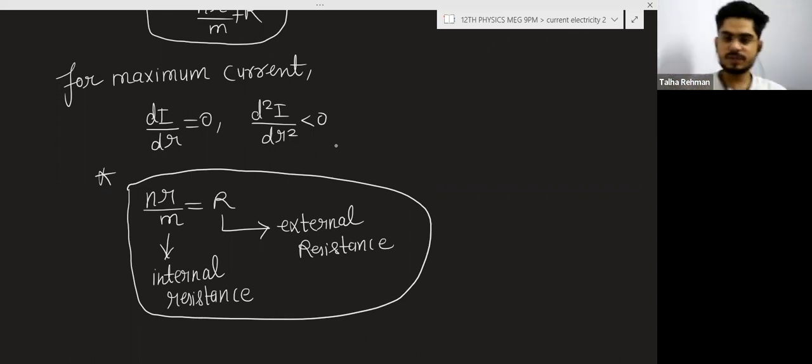So in the mixed grouping, for the maximum current, the total internal resistance of the circuit should be equal to or comparable to the external resistance.